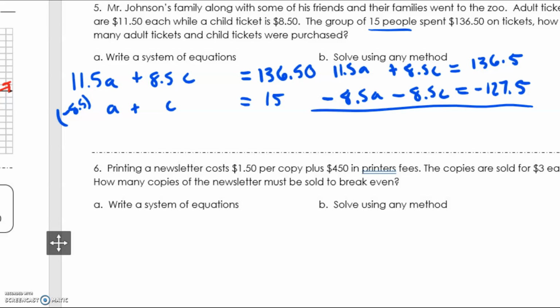Okay, so here's my system. Now I can just add down since I multiplied by a negative, and my C's are going to eliminate. That's the variable I chose to eliminate. 11.5 minus 8.5 is 3. So 3 adult tickets is equal to 136.50 minus 127.50, which is 9.